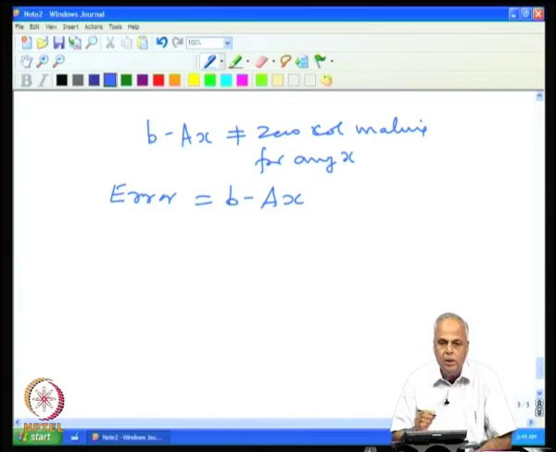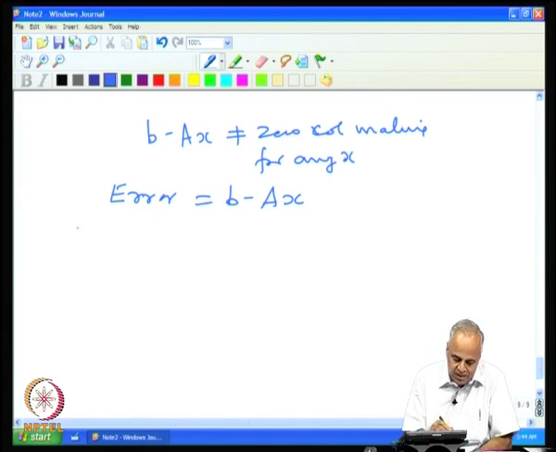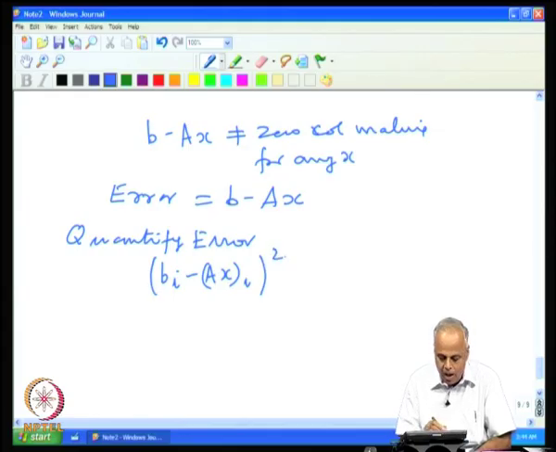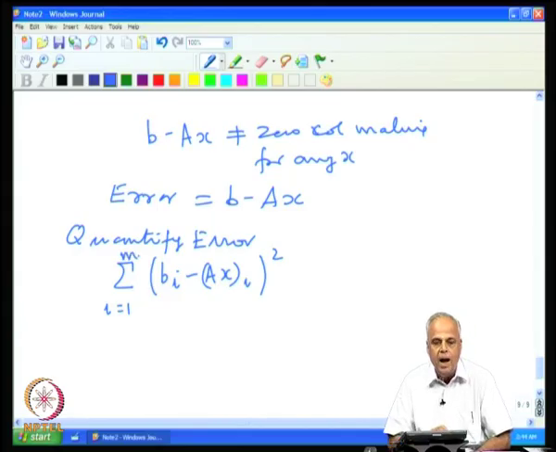Now, what is the general idea when you get error? The general idea is that we would like to minimize that error. How do I minimize this error? We quantify this error first. The error is in the form of a column matrix. We now quantify this error by a number. How do we do this? We look at the ith coordinate of the error, that is a number, take the square of that and do this for every coordinate from i equal to 1 to m and add these up.